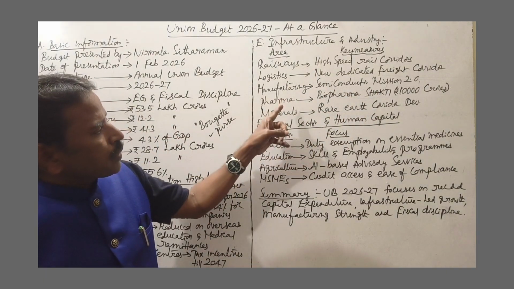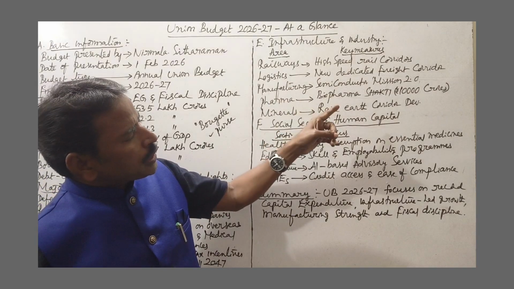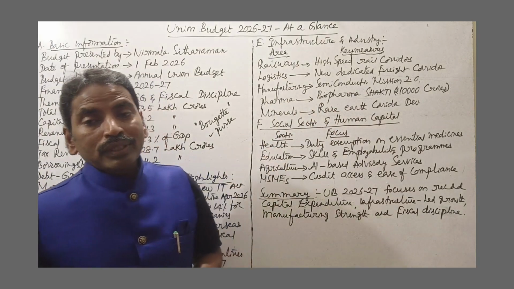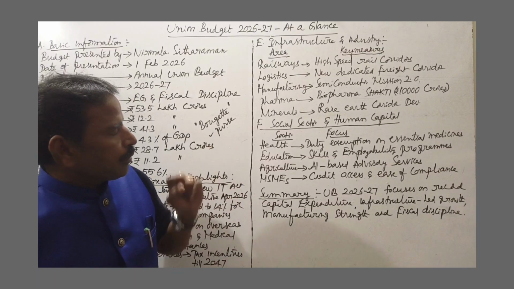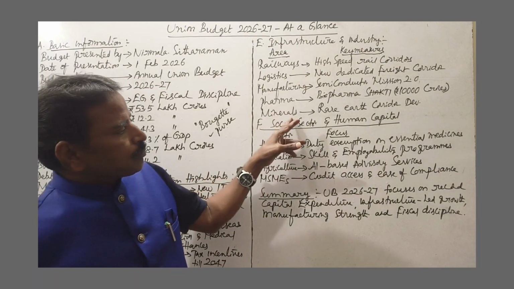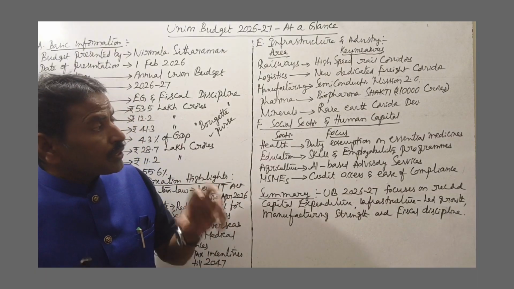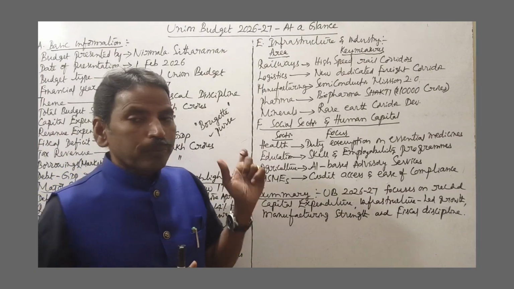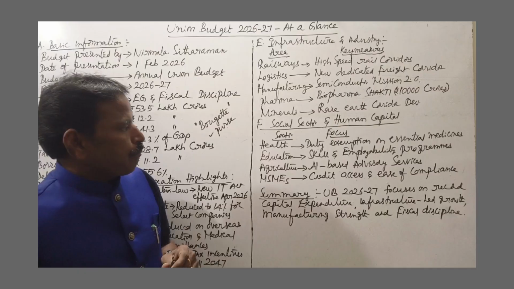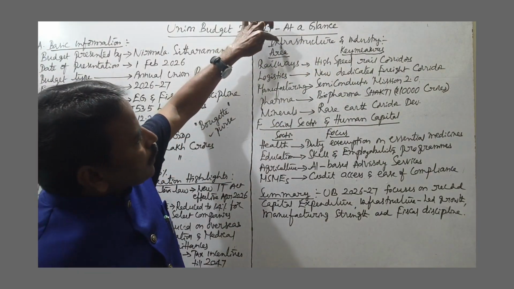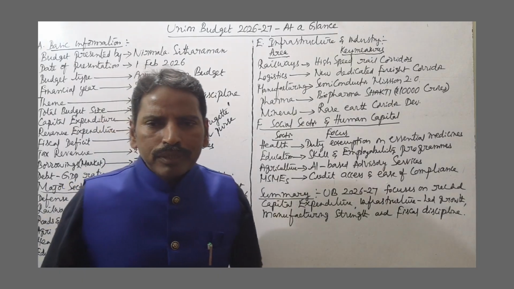Pharma: Biopharma Shakti up to 10,000 crores allotted. Minerals: rare earth corridor development. These are the points related to infrastructure and industry.